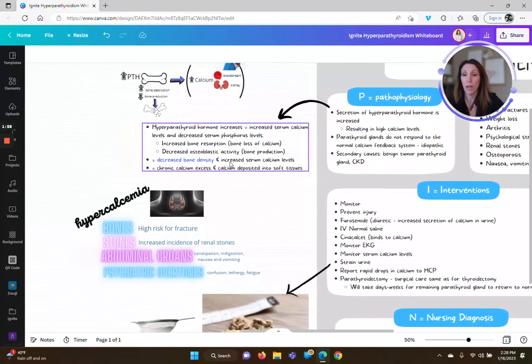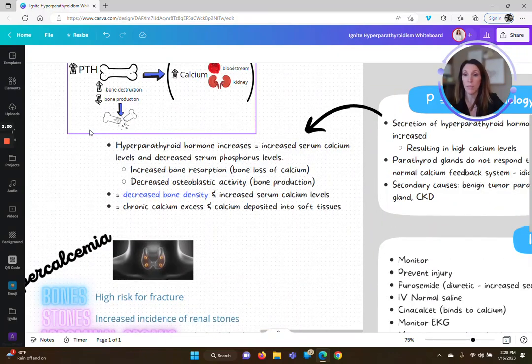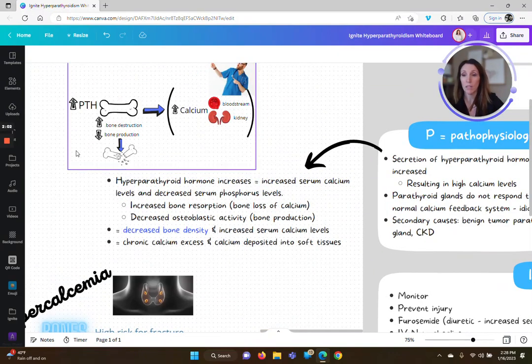So if we have hyperparathyroidism, we have increased secretion of parathyroid hormone. And this has an effect on the bones by causing an increase in bone destruction and a decrease in bone production, leading to fractures in our patients, because their bone is having increased destruction on the inside.